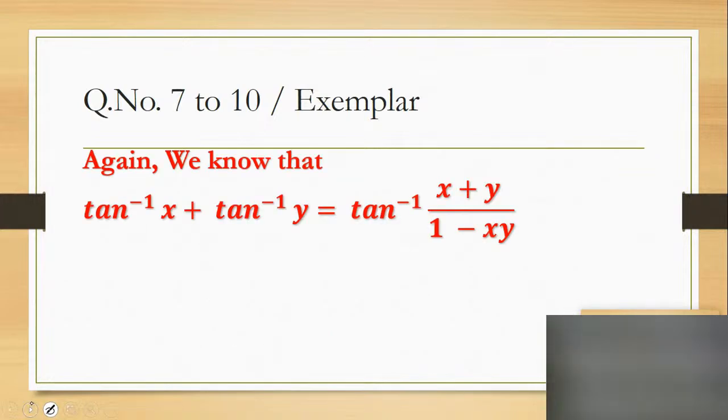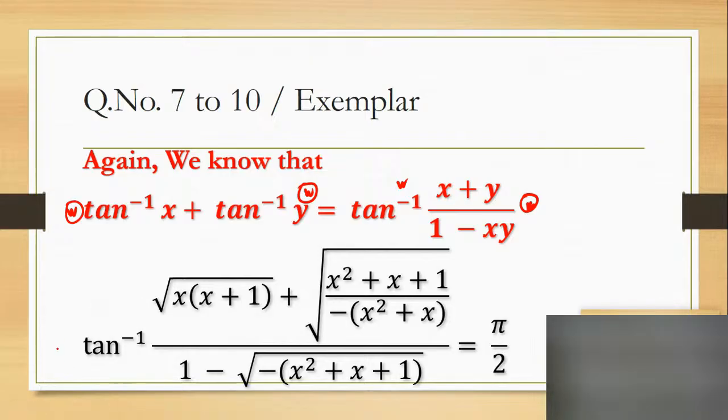So again we recall the formula tan inverse x plus tan inverse y equal to tan inverse of x plus y by 1 minus xy. So here will be tan inverse of the sum of root x plus root of x square plus x plus 1 by minus x square minus x, over 1 minus the product, equal to pi by 2.